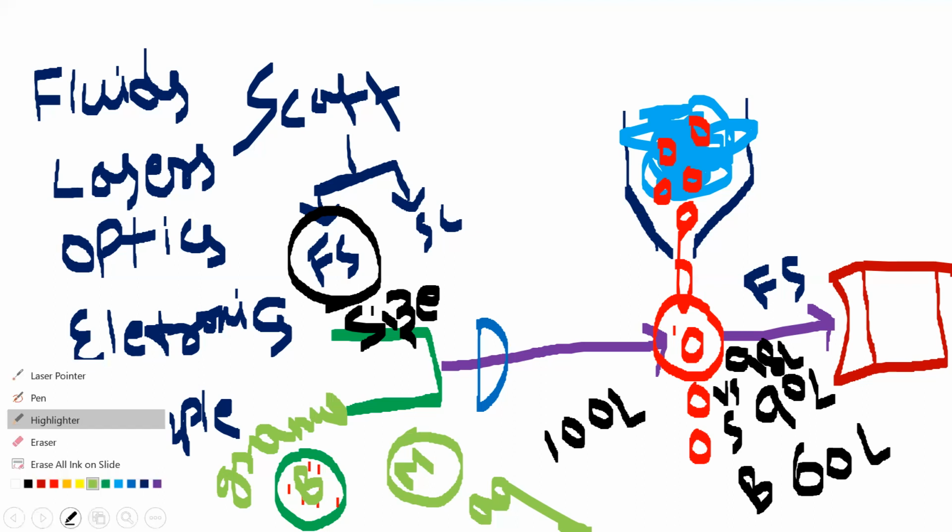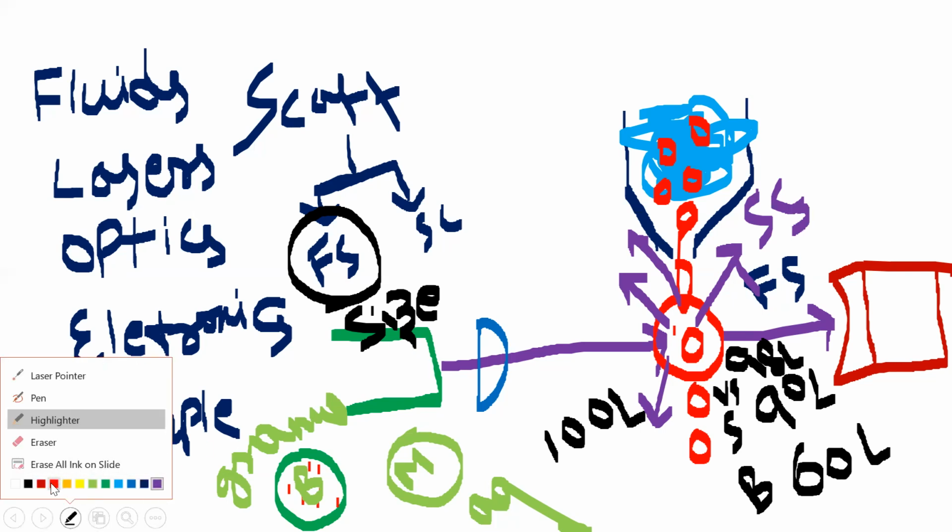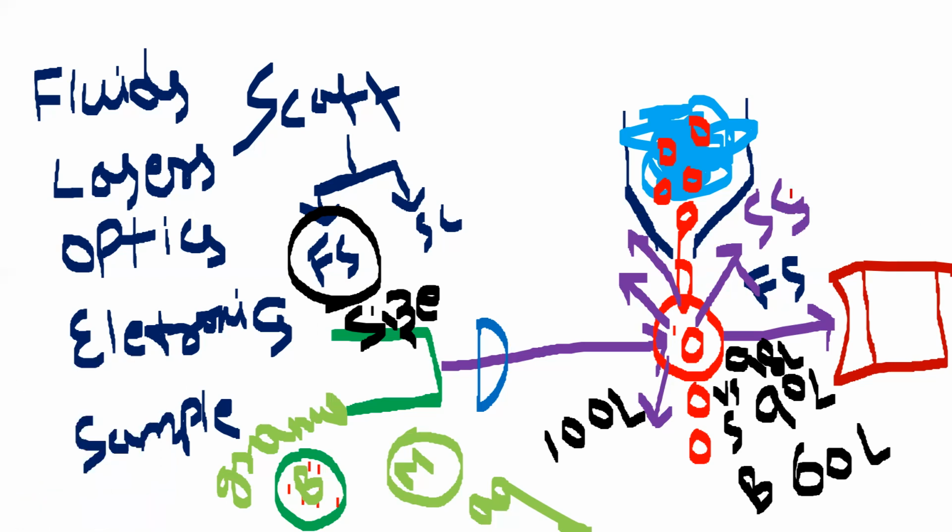If a granulocyte is moving through a flow cytometer, it will give more scattered light, side scattered light, SSC. So if we are getting more side scattered light, that indicates it is a more complicated cell, maybe a granulocyte.